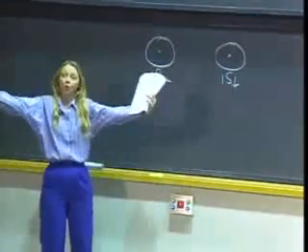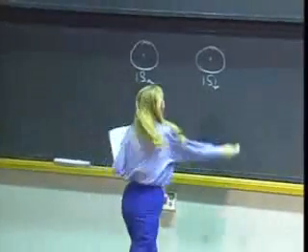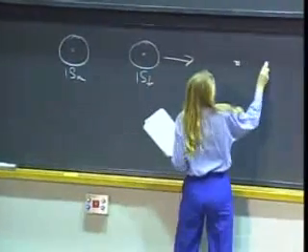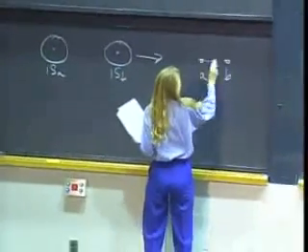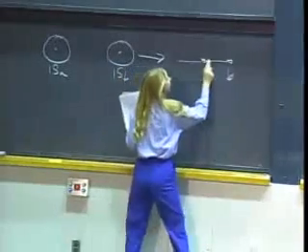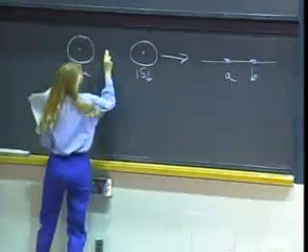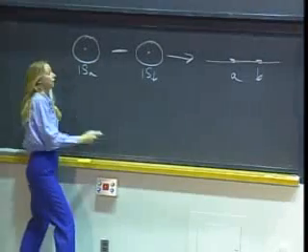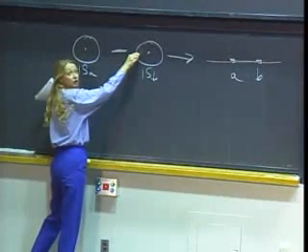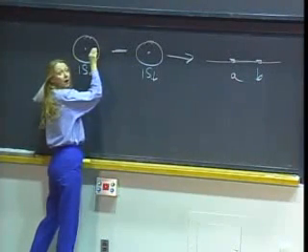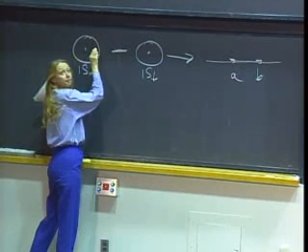And now, when I'm going to bring these two together to the equilibrium bond length, AB here, what's going to happen is in destructive interference, this wave function is going to cancel this part of the wave function, right?